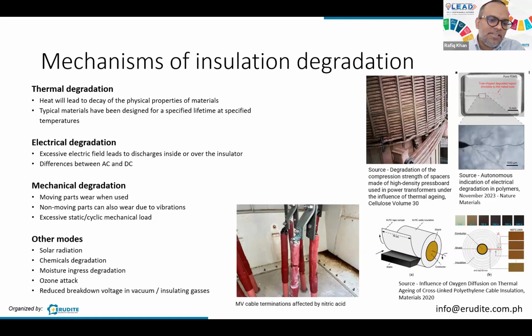Mechanical degradation, of course, if you have motors, you have the bushings where moving parts wear out. These are quite common. You can also have wearing due to vibration, static field, cyclic mechanical load. Not going to touch too much on that, but it's quite frequently seen, this kind of insulation degradation mechanism. Solar radiation, for instance, in cables which are meant for underground installation, these are not cables that you want to put outside in the sun.